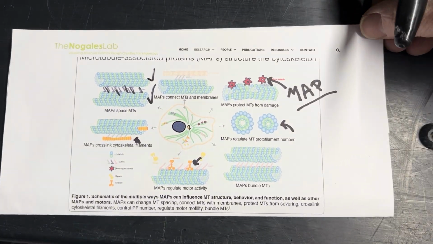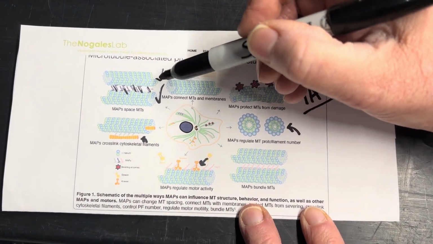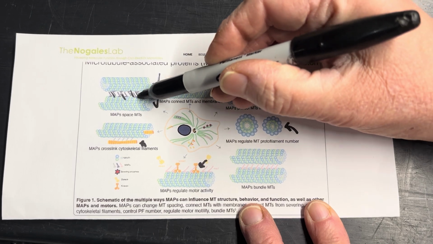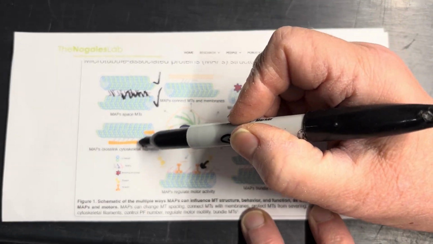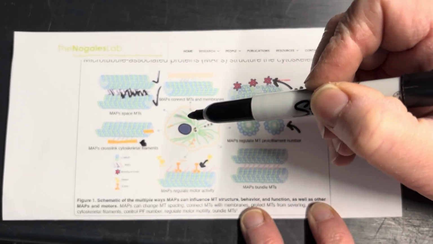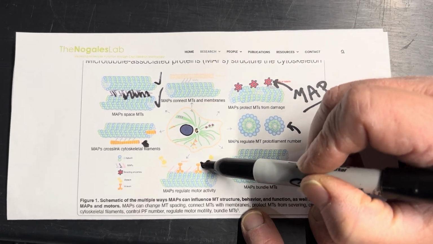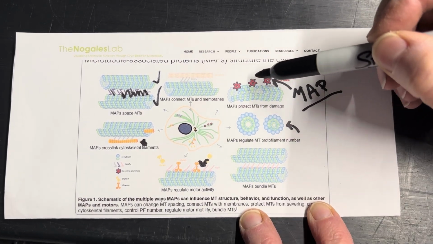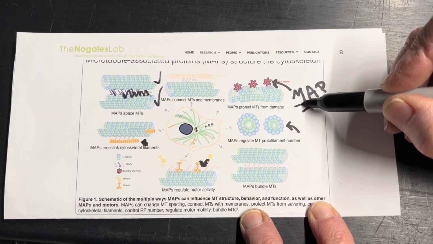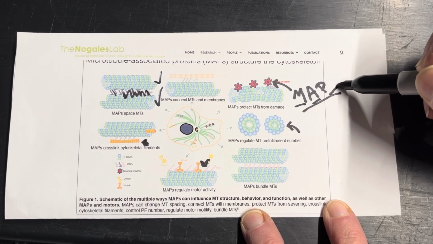Here are a bunch of microtubules, and you have individual microtubules that are connected to each other, making the larger ones, correct? And in between the microtubules, you sometimes get these other structures. You get other receptors, maybe. You get other things called microtubule associated proteins.